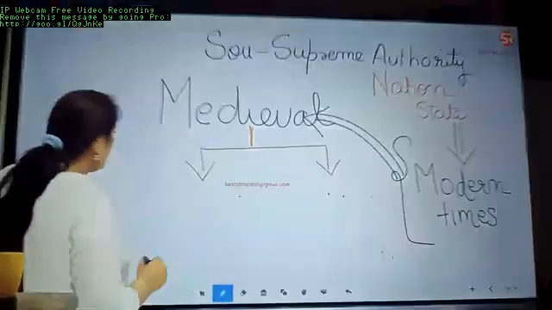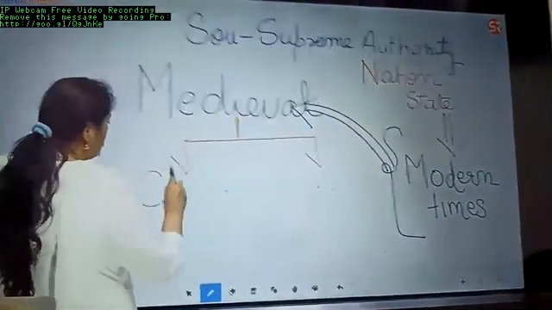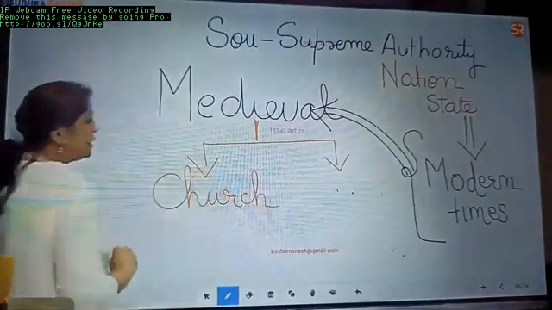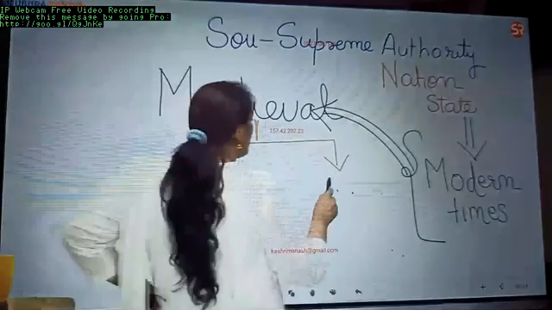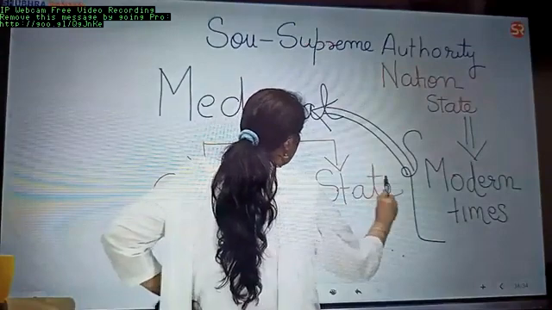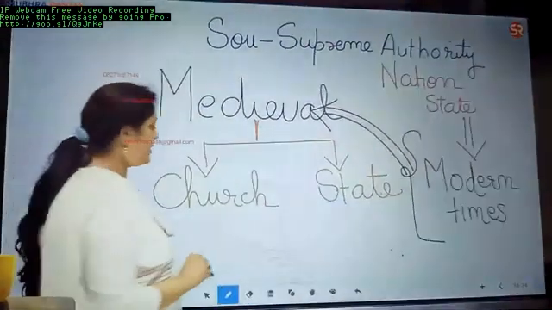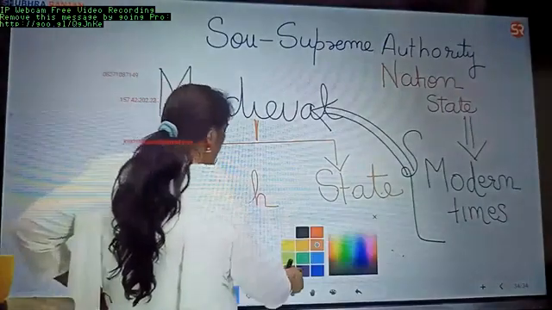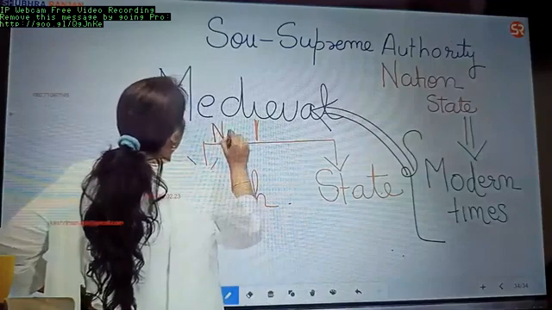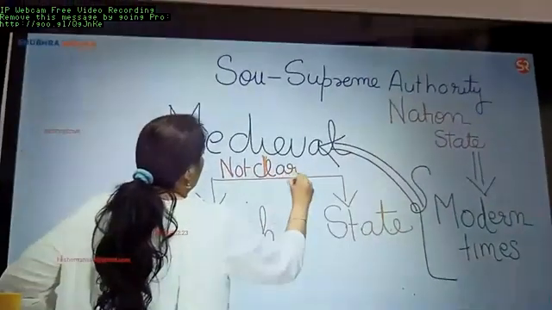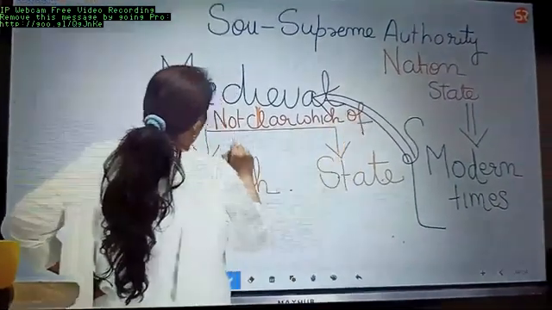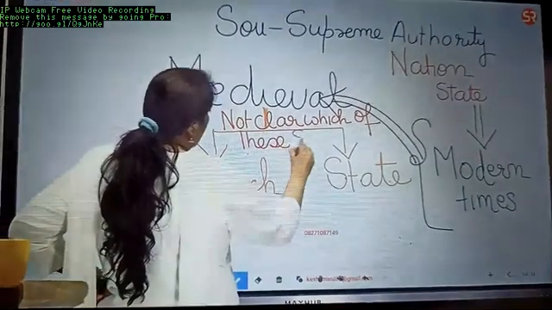Okay. One, the authority of church. Second, the authority of state. And it was not clear. Fine. It was not clear which of these is supreme.